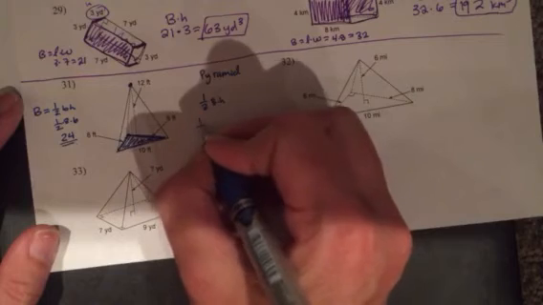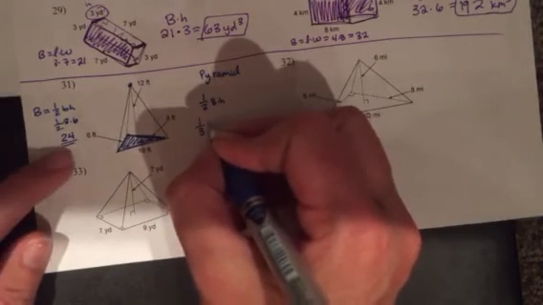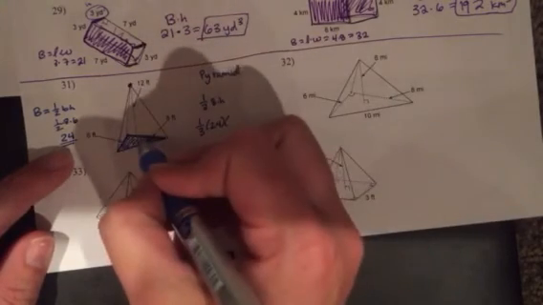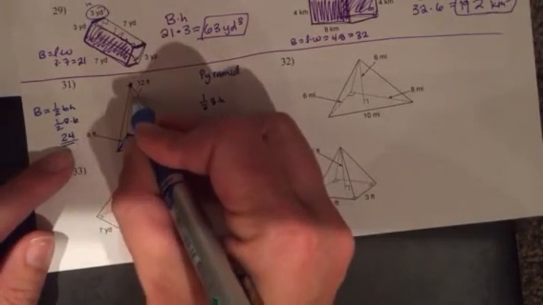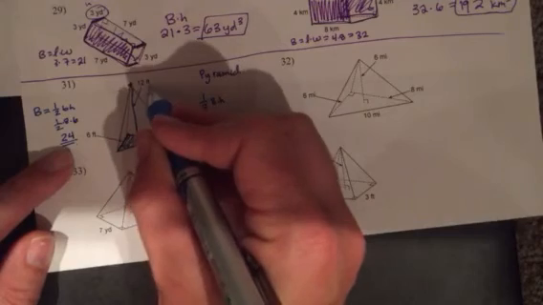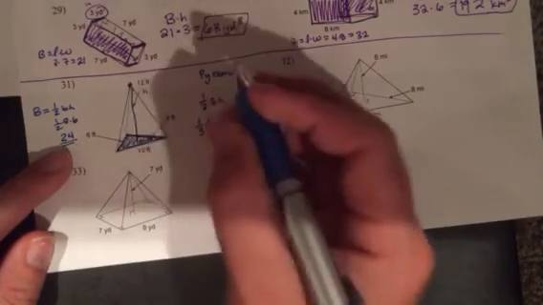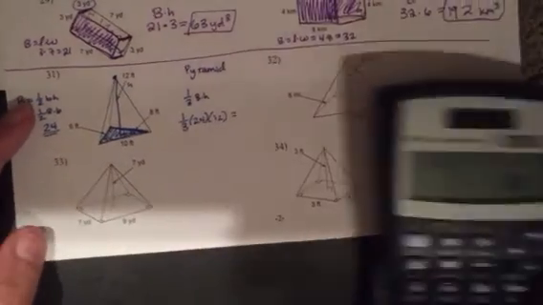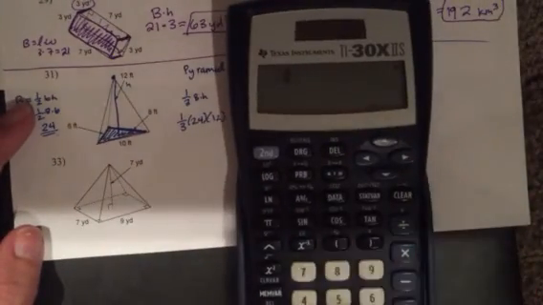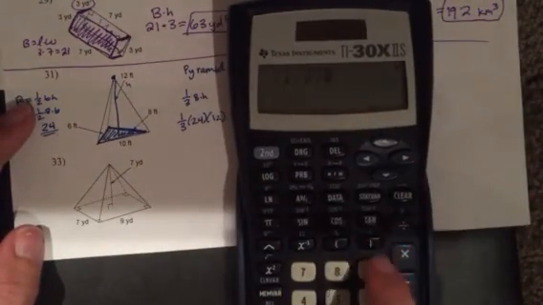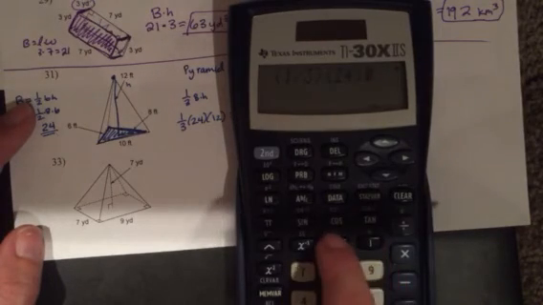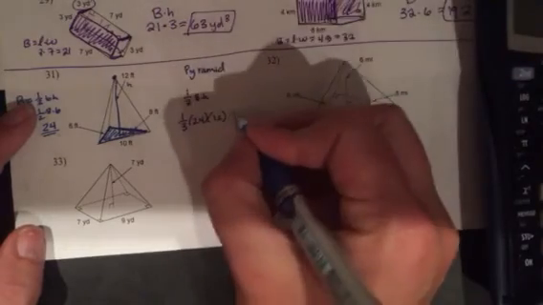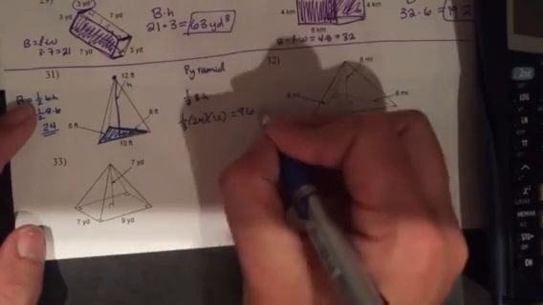So as I move my base, it travels a height of 12 feet. One-third times 24 times 12 equals 96 feet cubed.